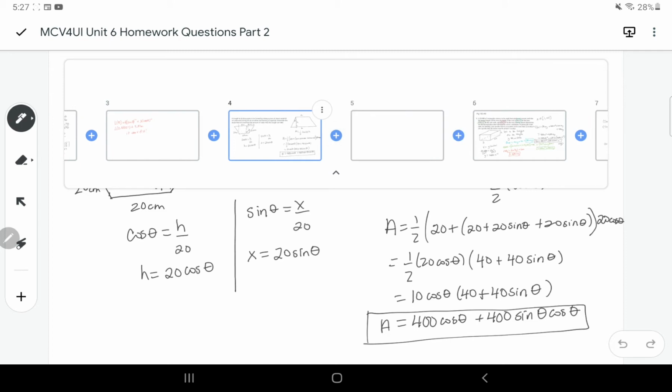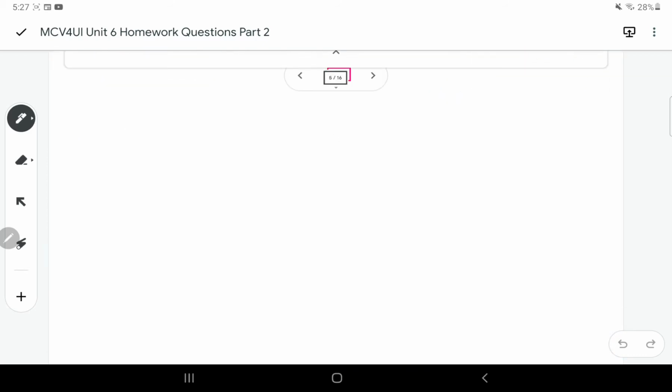So 400 cos theta plus 400 sine theta cos theta. If we want to find A prime of theta, the derivative of the area in terms of theta, this would be negative 400 sine theta.